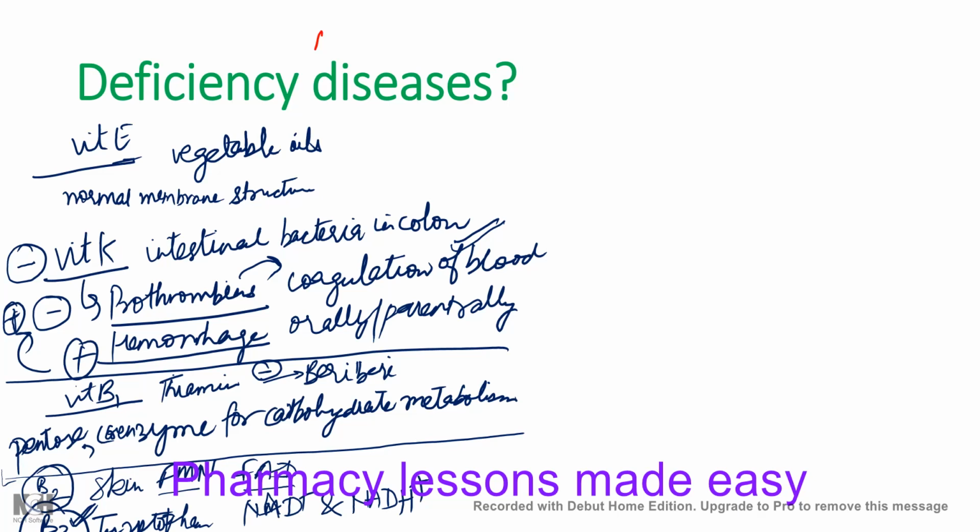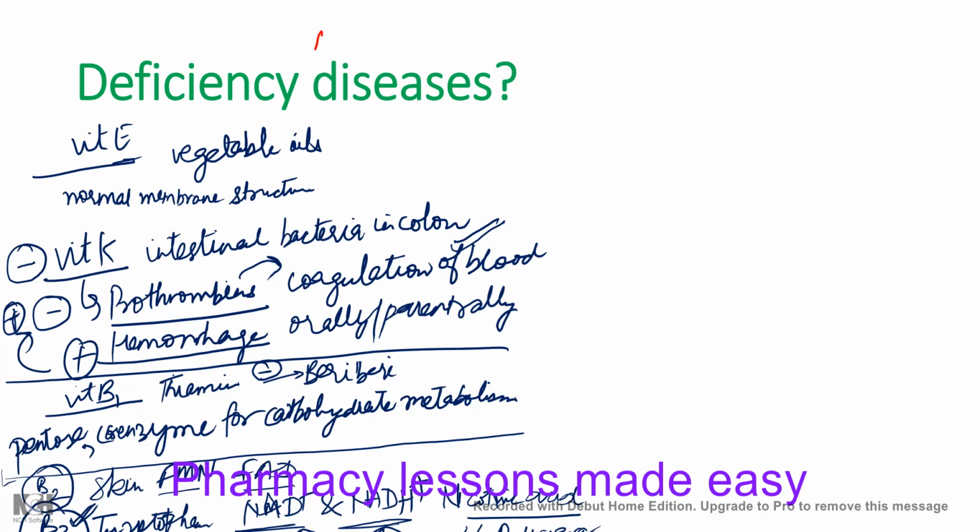So as the name depicts, it can form NAD positive and NADP positive for a number of dehydrogenases. So what about its deficiency? The deficiency of vitamin B3 will cause pellagra, the disease called pellagra.